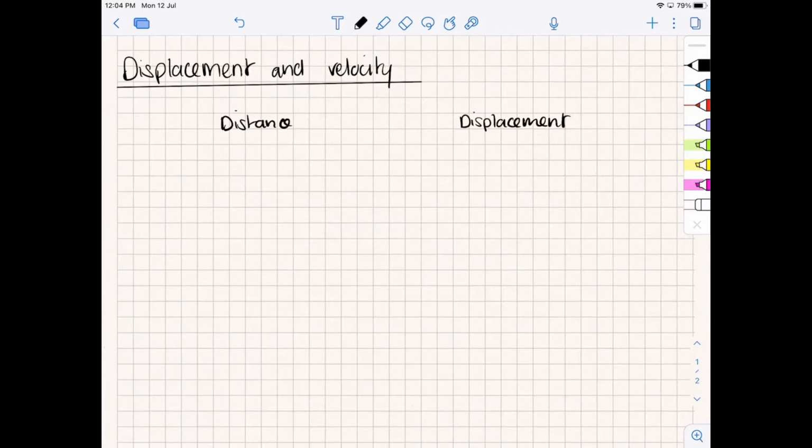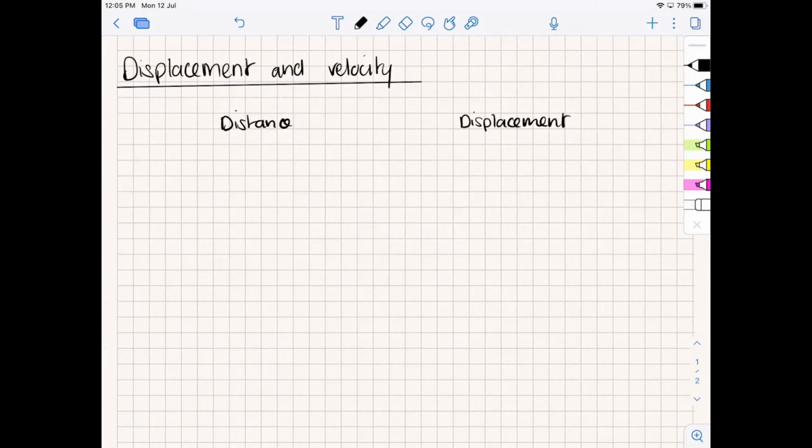So let's have a look first at the differences between distance and displacement. Right? They are both a measurement in some senses, all right, except they have two very big differences. Okay? So distance is something that we're all familiar with, the distance that we travel from A to B, right?